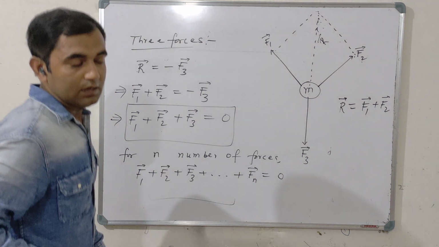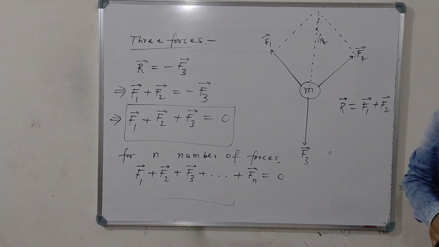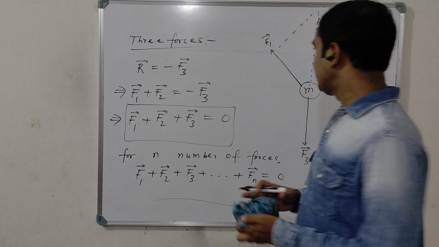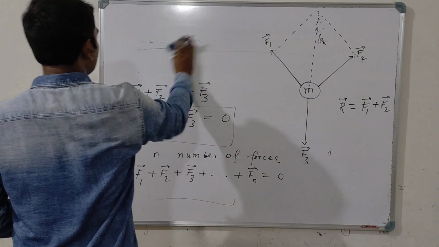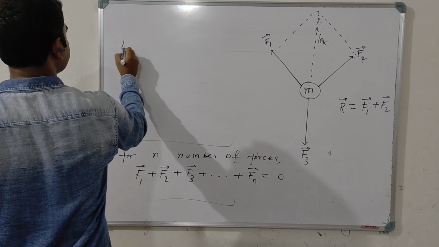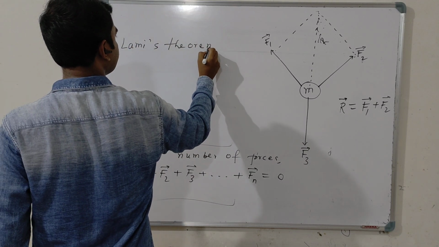Now, a special theorem named Lami's theorem can be introduced if three forces are in equilibrium. If three concurrent forces are in equilibrium, then we will have a theorem known as Lami's theorem.